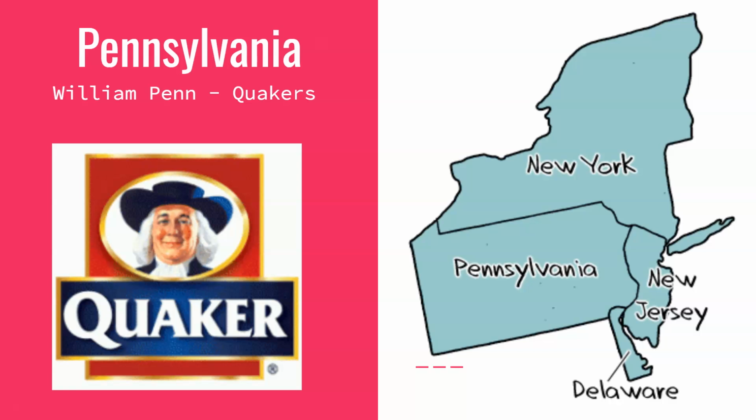Other things to keep in mind with the Quakers: they were very peace-loving people. They're really pacifists. They're really against war. They're also very just. For example, William Penn would buy land from Native Americans as opposed to just taking it over. So the Quakers, Pennsylvania, William Penn, those are all very much connected.